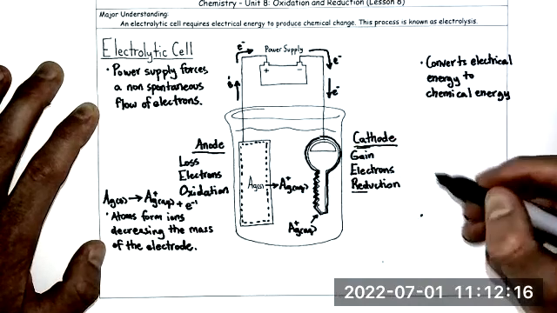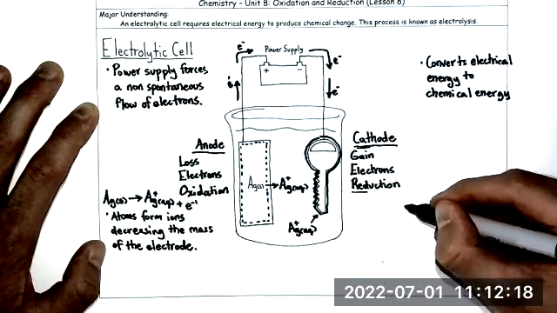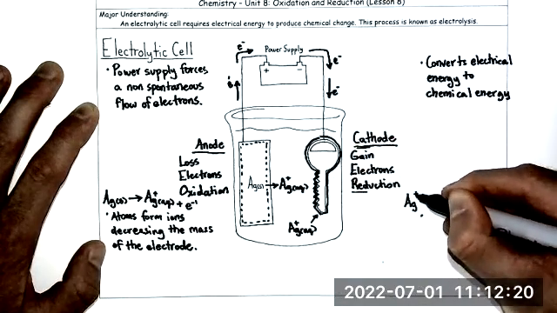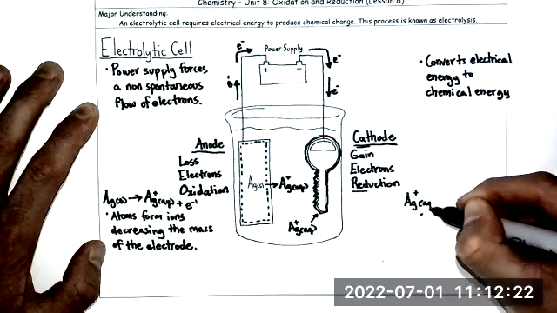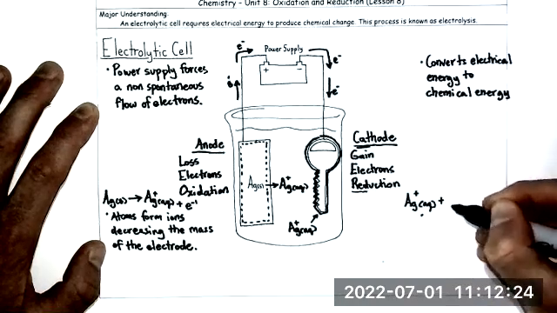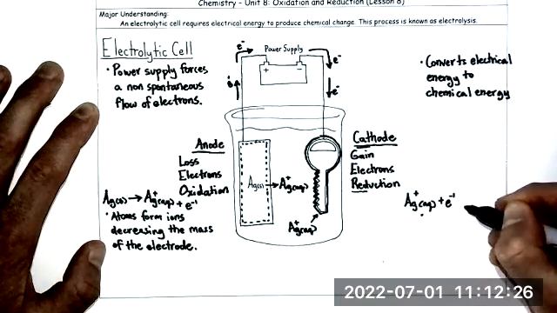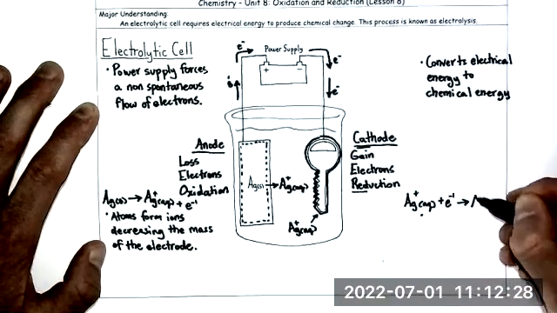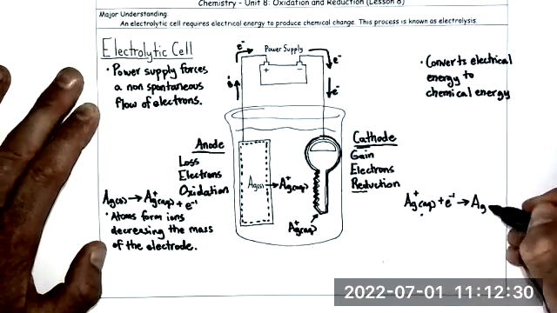Okay. So on this side of the equation, we have Ag aqueous ions, or silver aqueous ions, gaining an electron and becoming silver solid atoms.